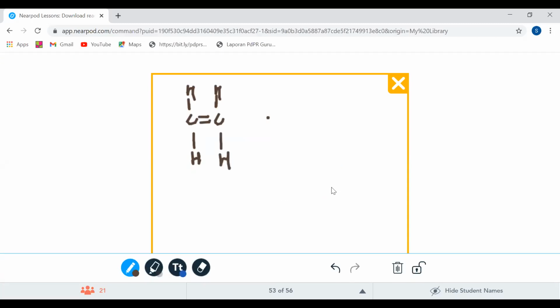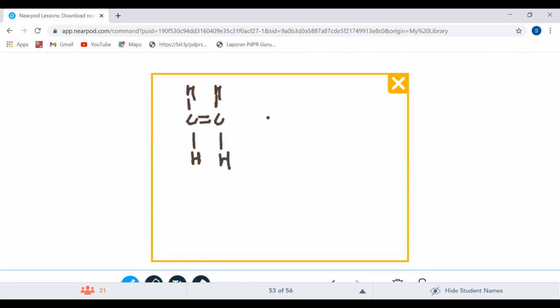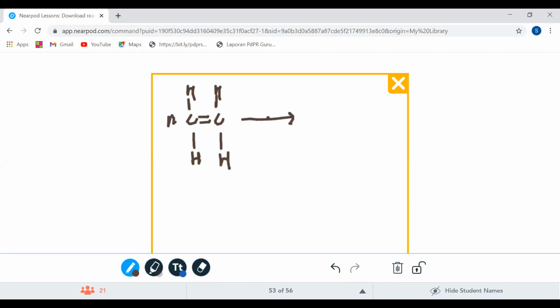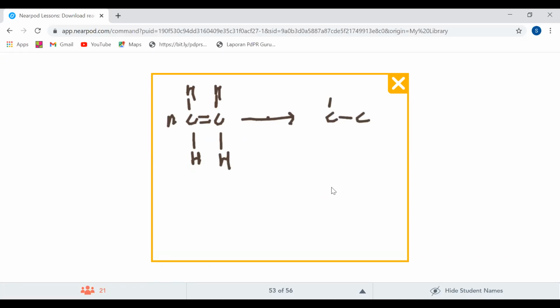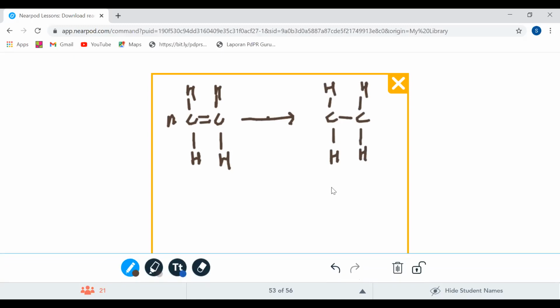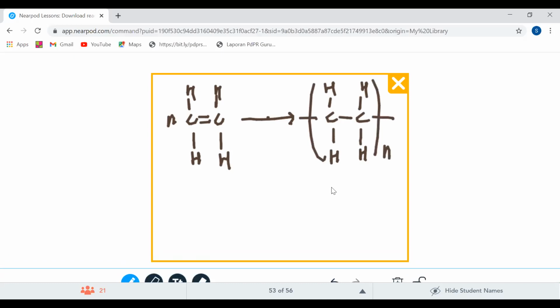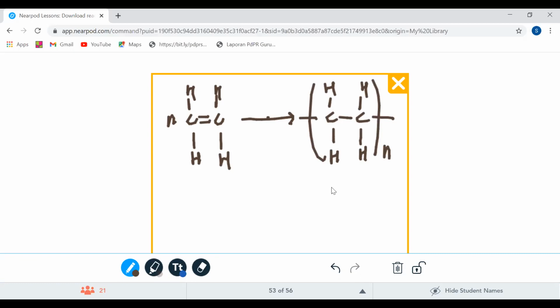Teacher, I'm so confused. Don't be confused. They told you n amount of 18, right? So simple. Just copy this, but now you copy without a double bond, because it is broken already, right? Put one bond out, close the bond, they put n, I put n. Finish my answer. Polymerization.